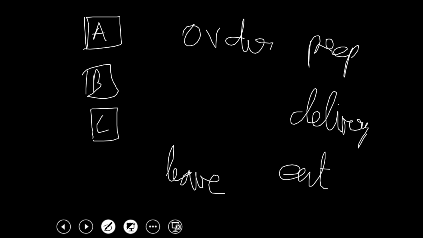In the world of pipelining, person A orders the food, and person A's order will be prepared. By the time, B's order will be taken by the waiter. Once A's order is prepared, it goes to the delivery phase.